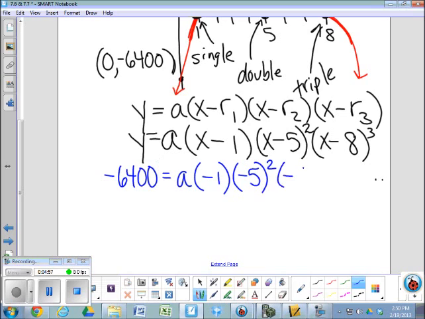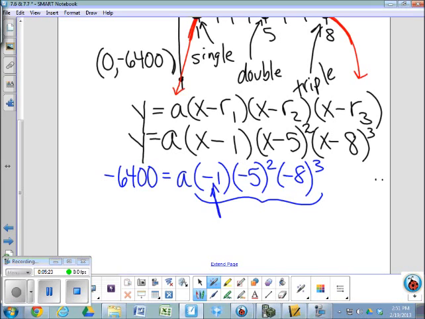You're going to be squaring and cubing negative 5 and negative 8. You should get a positive number when you multiply these, and it's going to be big, in the 12,000s. You are going to get a positive because we have a negative times, what's this going to be? Negative times a positive, right? Negative 5 squared is positive. Times negative 8 cubed is negative.